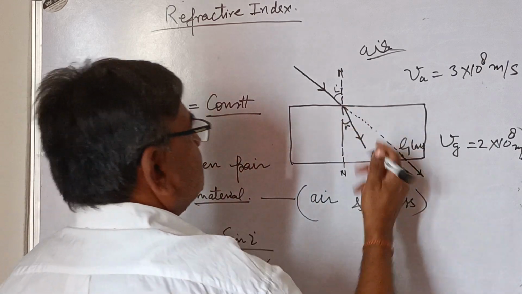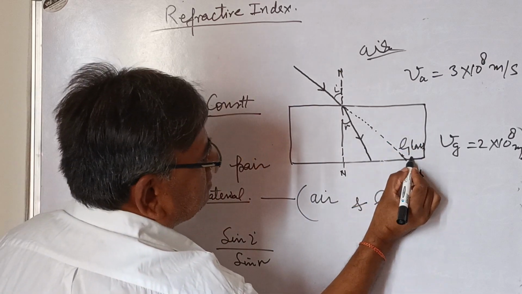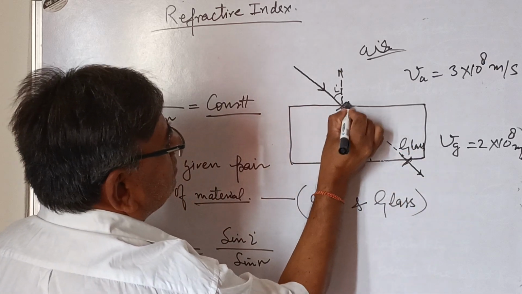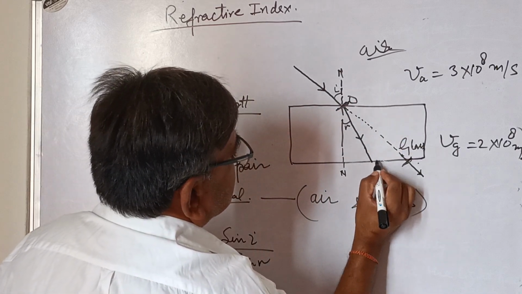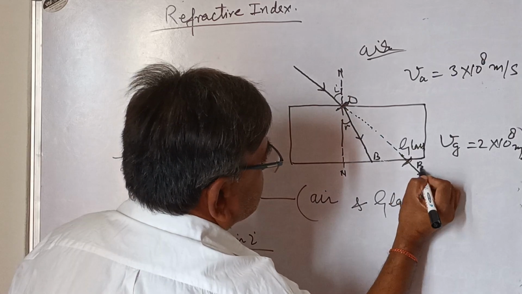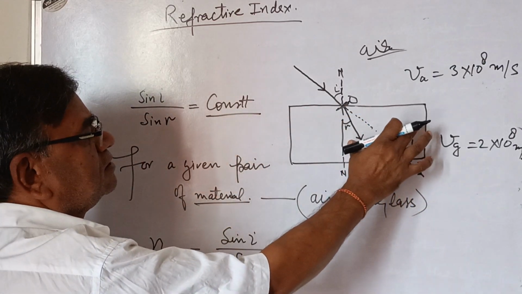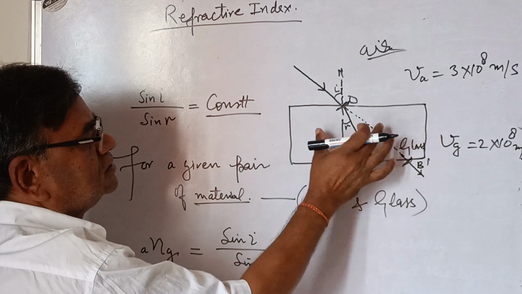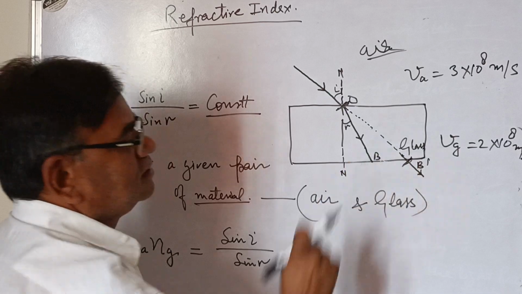So this distance is less as compared to this one. This is O, take this as B, and this is B dash. If there had been no glass, the ray would have gone in this way.